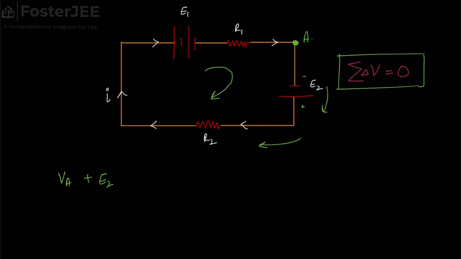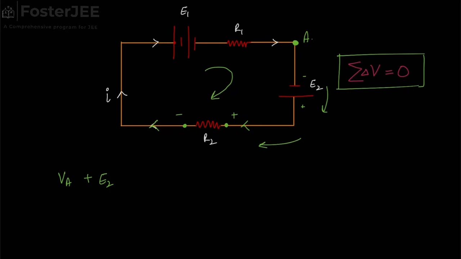Since the current always flows from higher potential to lower potential, with respect to this resistor, this part is at higher potential and this part is at lower potential, because we have assumed the current direction like this. We can assume it also the other way, but once we have assumed, stick to it throughout the question.